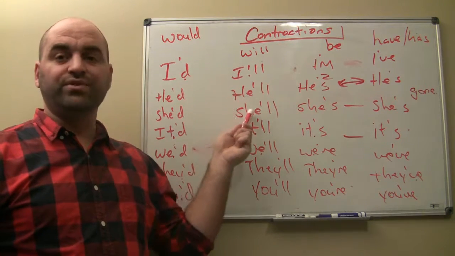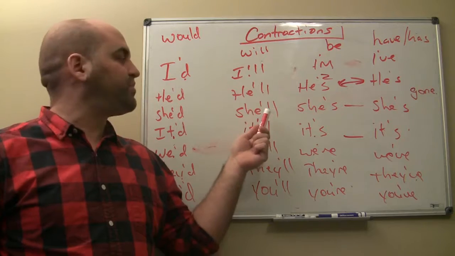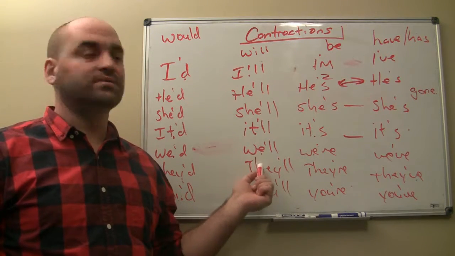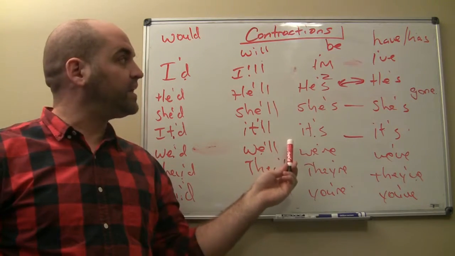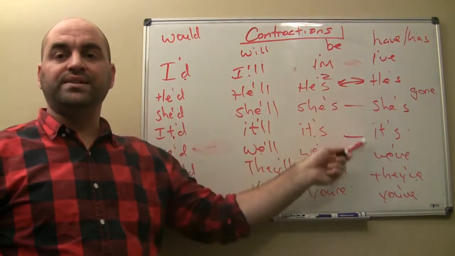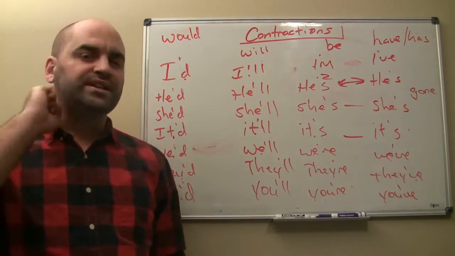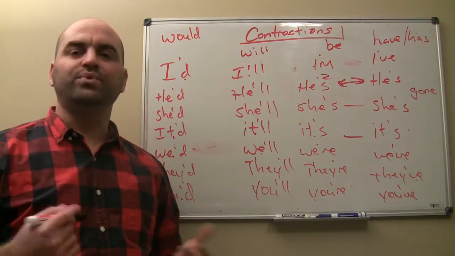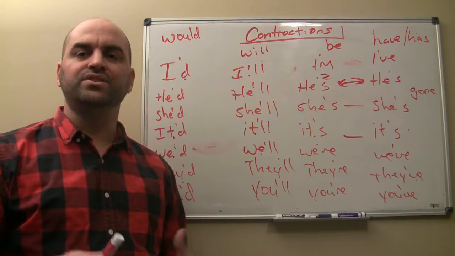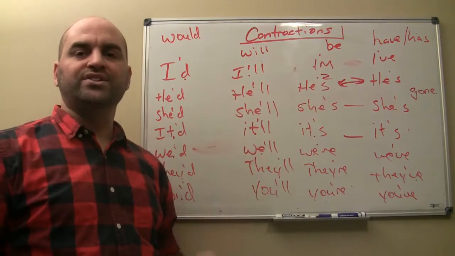Are they talking about the future? Well, if they're talking about the future, they're probably going to use this. Or are they talking about right now? I'm, right? Or are they talking about present perfect? So you have to listen to understand what time period they are talking about to determine what contraction they are using.